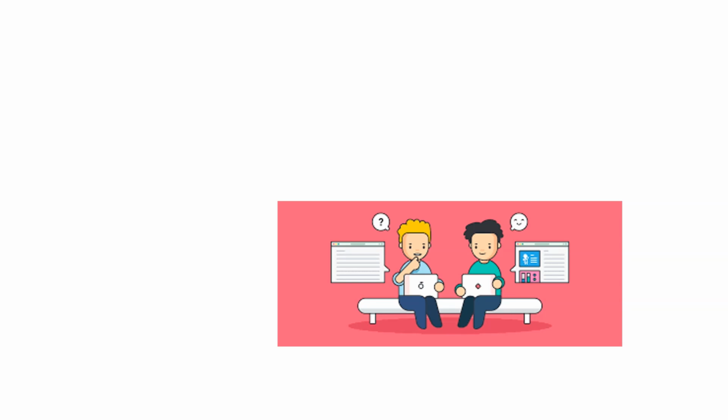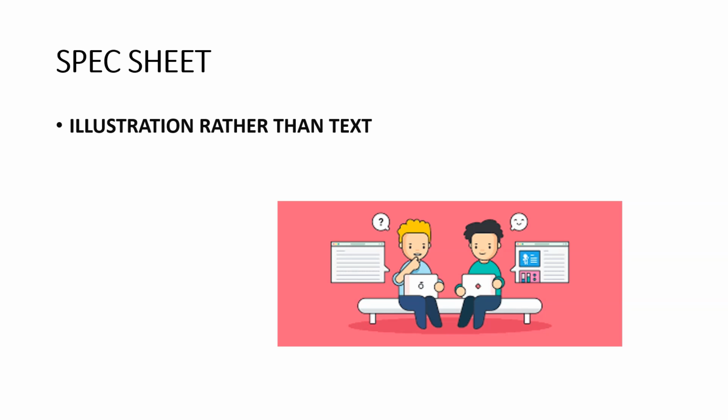Now students, can you recognize what this picture is? What does it depict? Can anybody say? Yes, this is also one of the important features of the specification sheet, which is illustration. Illustration is much more important than the text, because by seeing the illustrations, we can understand what the type of fabric will be, what the fit properties would be, what the accessories would be.